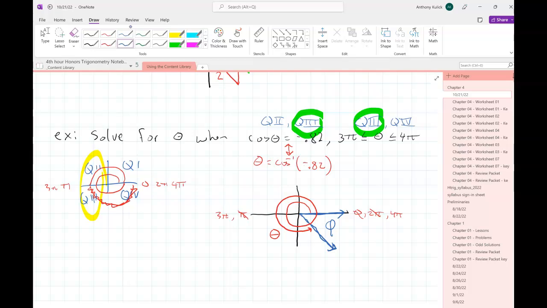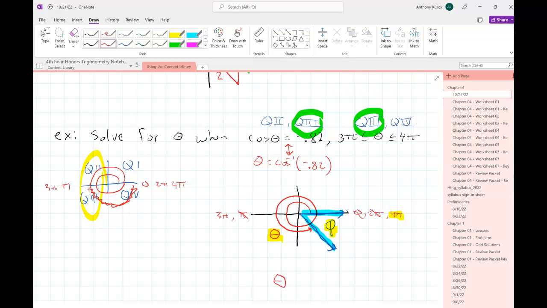What is the relationship between theta, phi, and then 4 pi, which is the initial side of my angle? Is 4 pi more or less than theta? More, right? Theta has to be between 3 and 4 pi, so clearly theta has to be less than 4 pi.